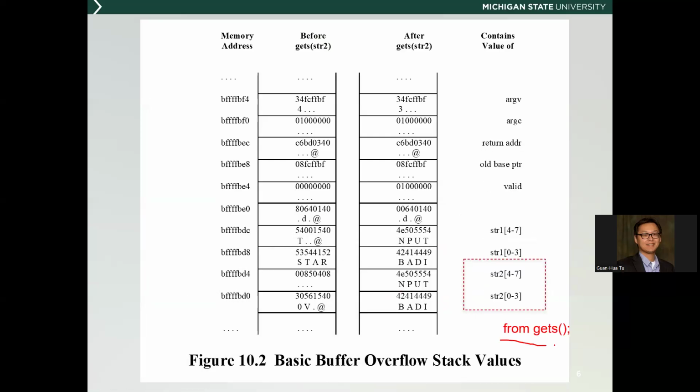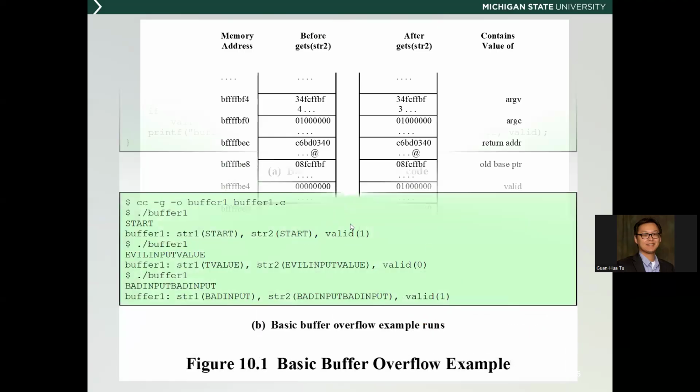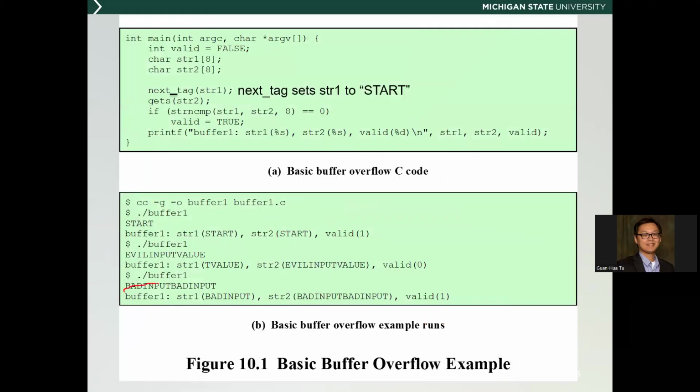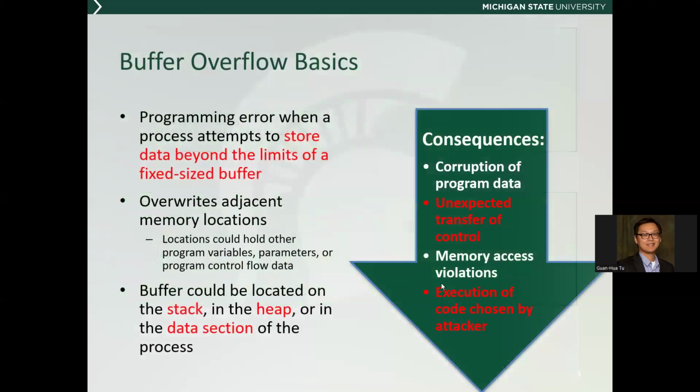So now let's take a look. When we call gets, we read the data from the terminal and write it to string 2, right? The user provides bad input for string 2, which is 16 characters.